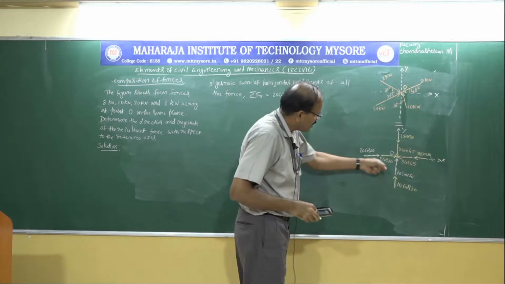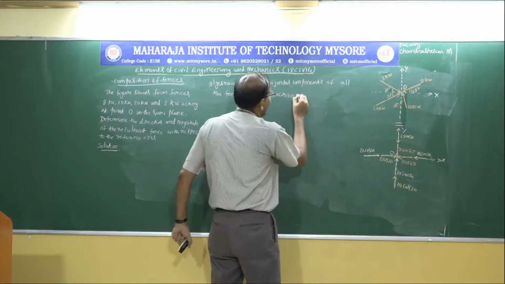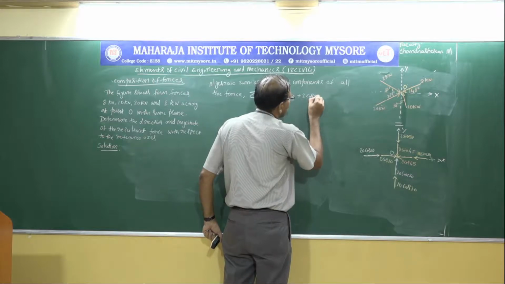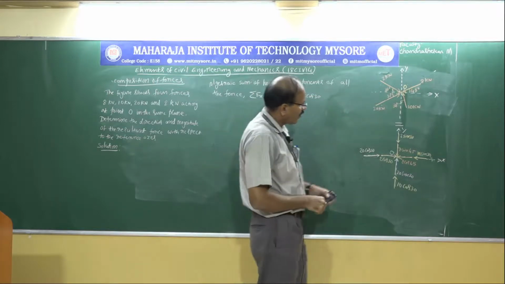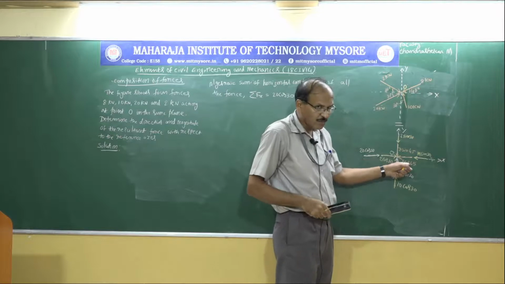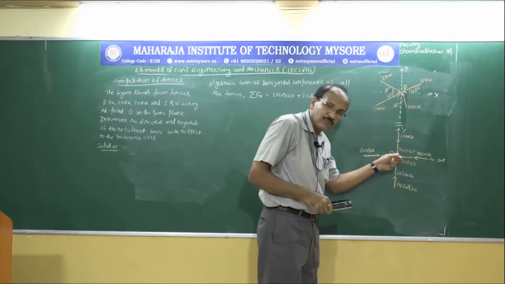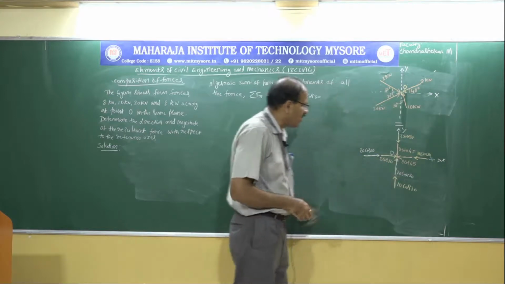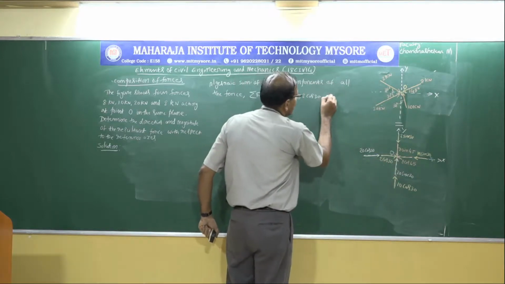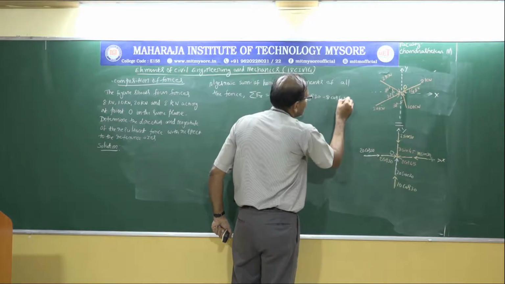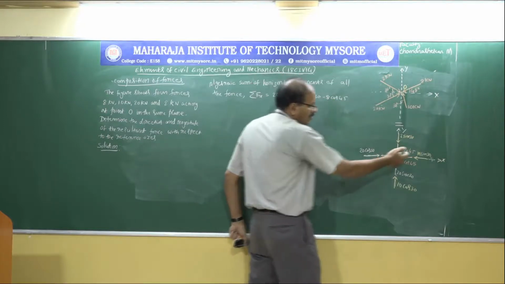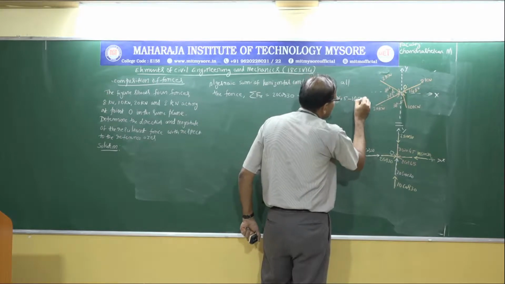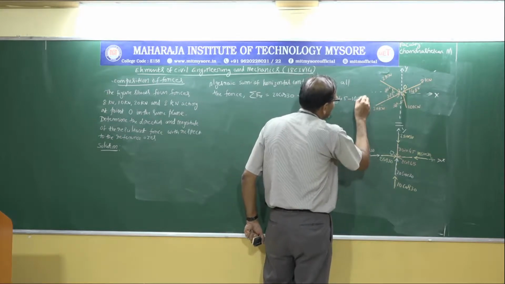Next, let me take this force. Again acting towards right, 2 cos 30. How about this force? The horizontal component, look at the arrow, this is acting towards left. So when this is acting towards left, it is minus 8 cos 45. And one more force acting towards left, that is minus 10 sin 30.